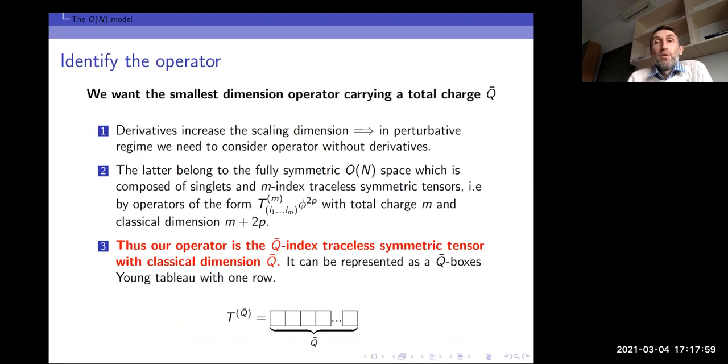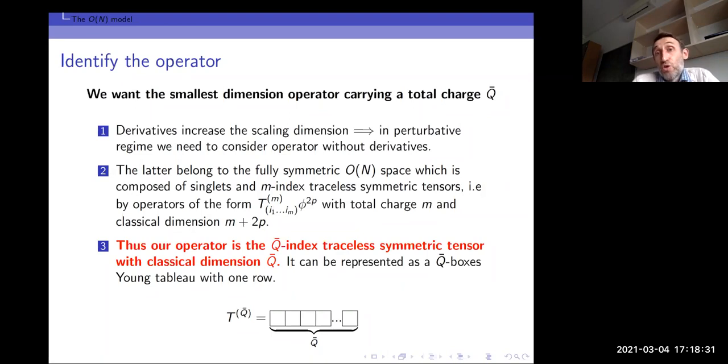In the perturbative regime, when the coupling is small, we should consider operators without derivatives, because derivatives increase the classical scalar dimension by 1. So those with derivatives should be higher scalar dimension operators, and since we are looking for the smallest dimension operator, those are not the ones we expect to find.